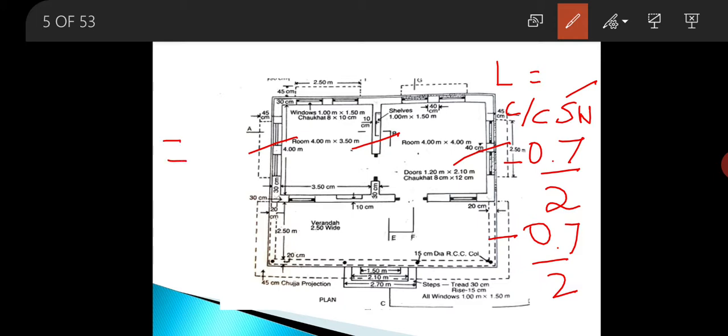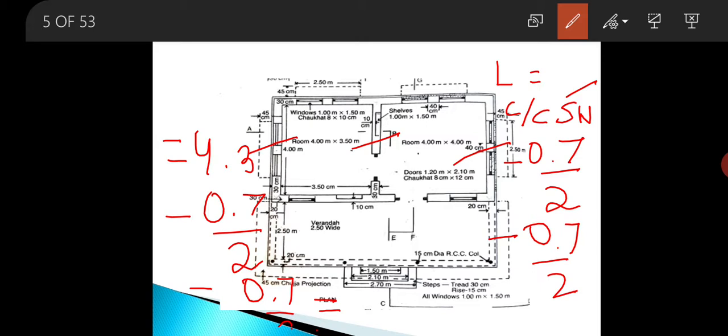So here the center to center length of short wall is 4.3. So from this 4.3, we will subtract half of the width of the first footing on both sides. So this will be equal to 3.6 meter. And the width of the first footing is 0.7, depth is 0.2 meter.